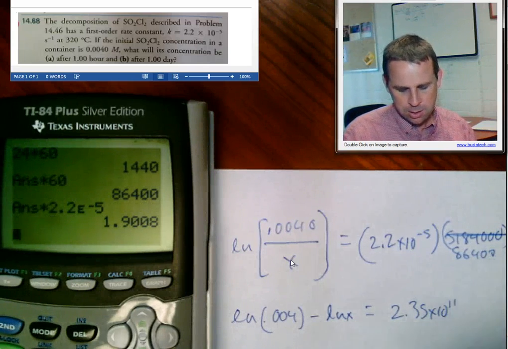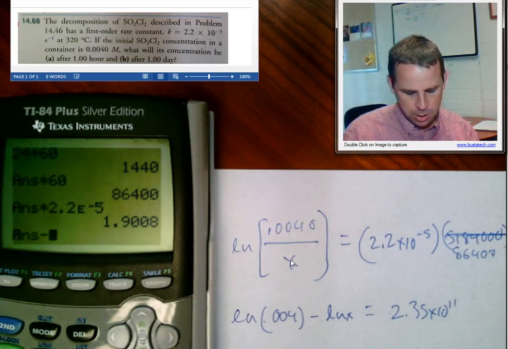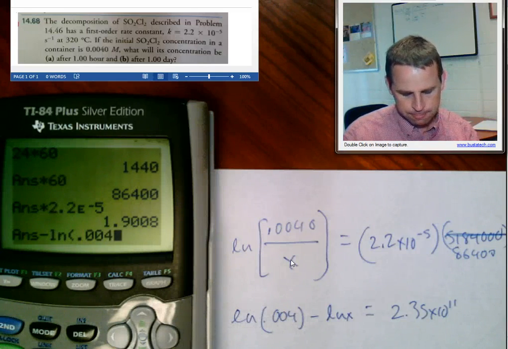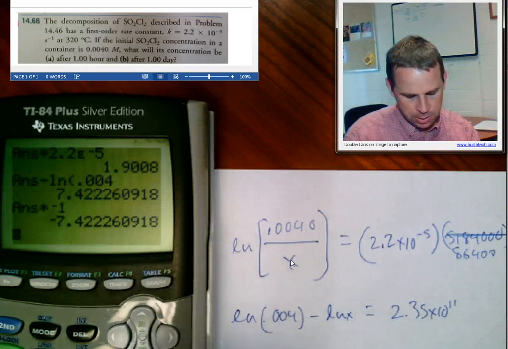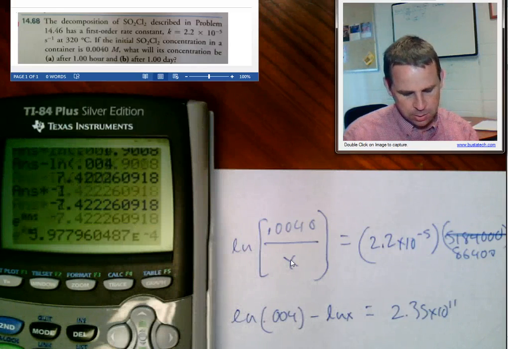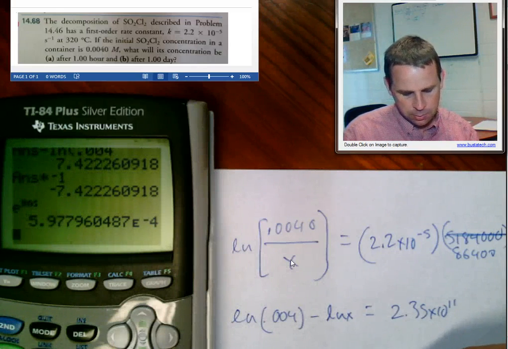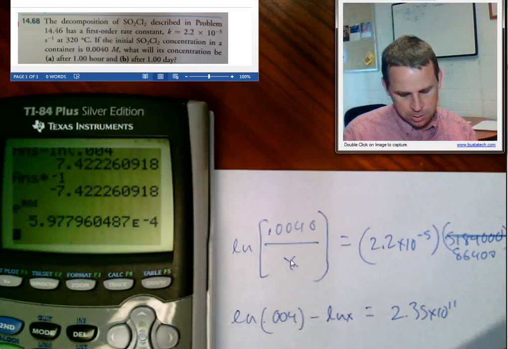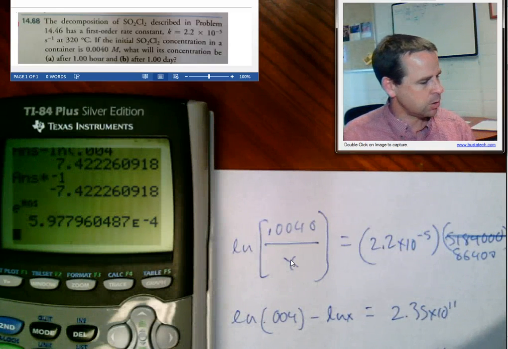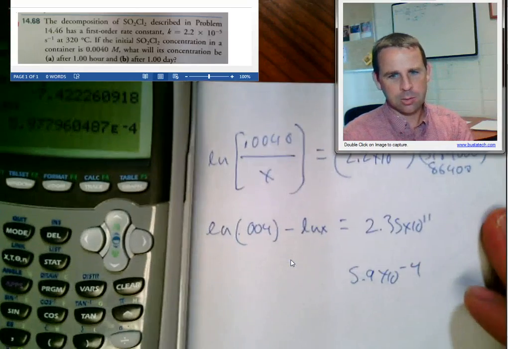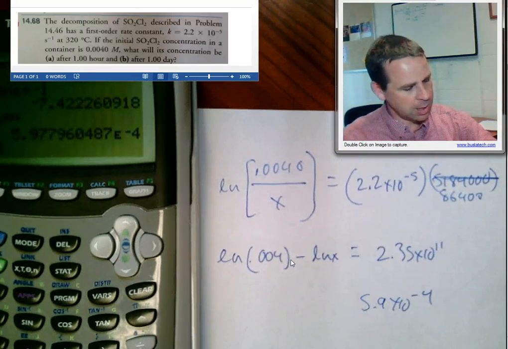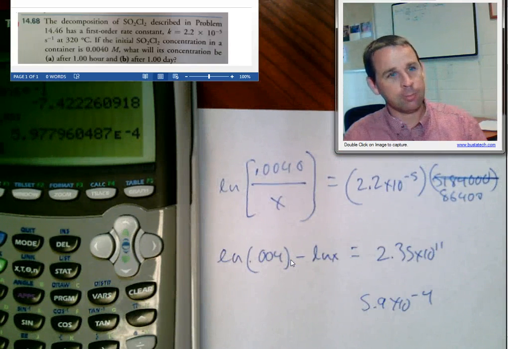Alright, 1.9. Subtract the natural log of 0.004, times a -1 to move that negative sign over, and then the natural log of that value is 5.9 times 10 to the minus 4, which is what we got in the back of the book. All right. Very good.